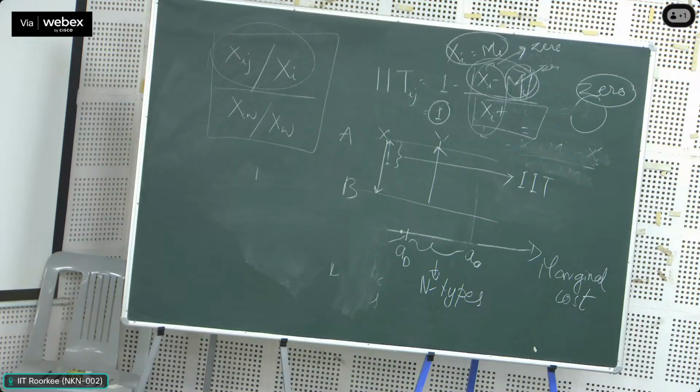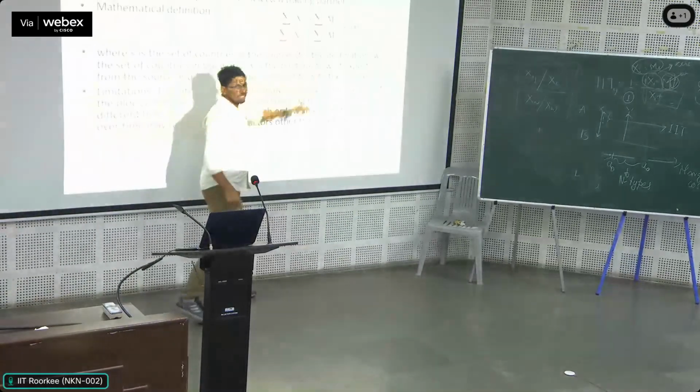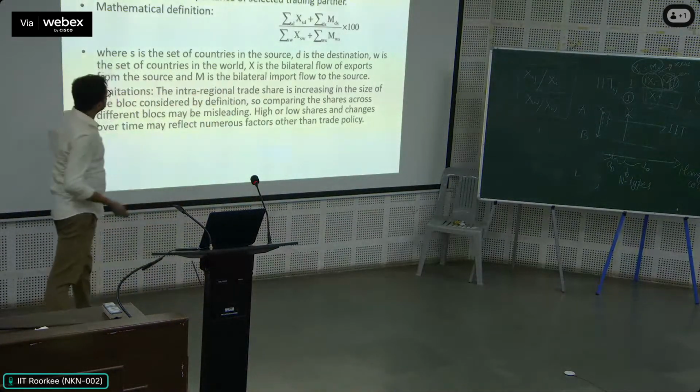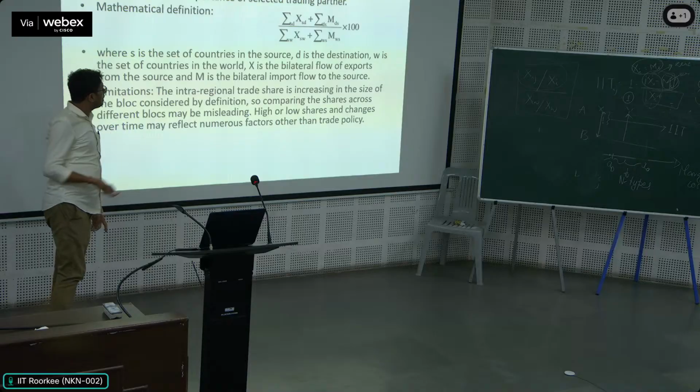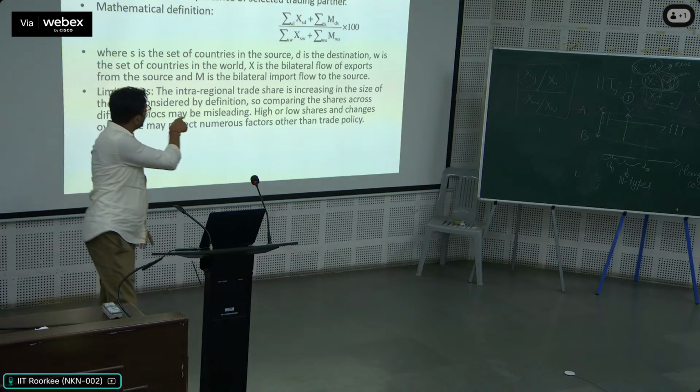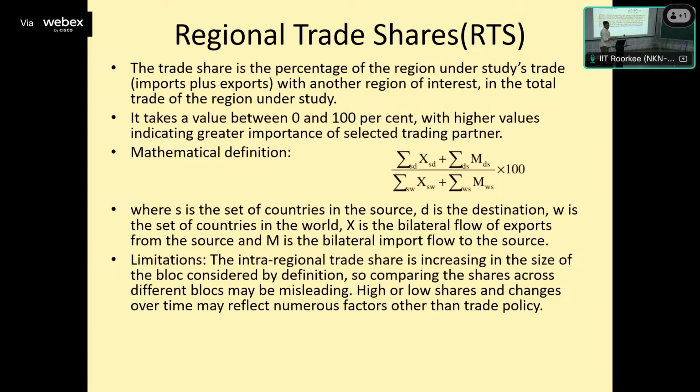So basically, we start with export and import of the source country, and D stands for the destination country, and in the numerator it is about the particular country. Here you can see A stands for the source country, D for the destination country, and W is the set of countries in the world. A stands for the source where exports are made.